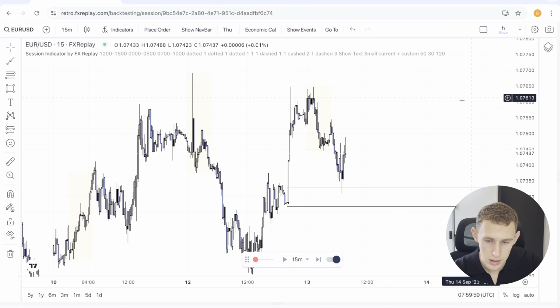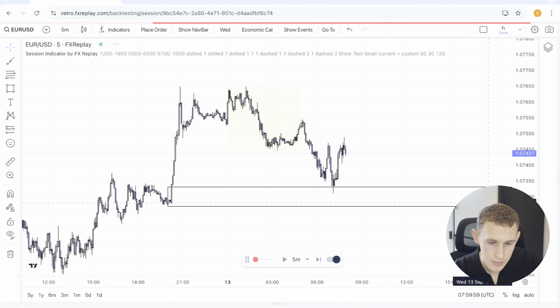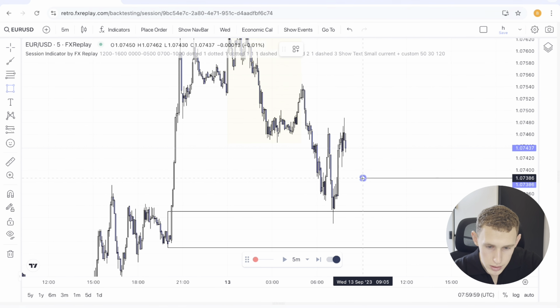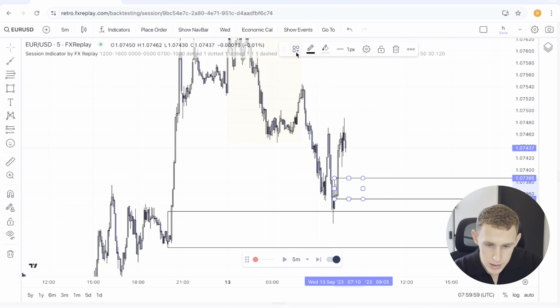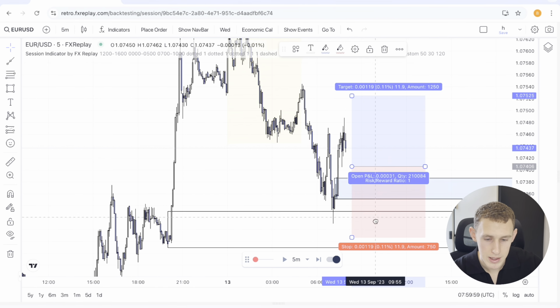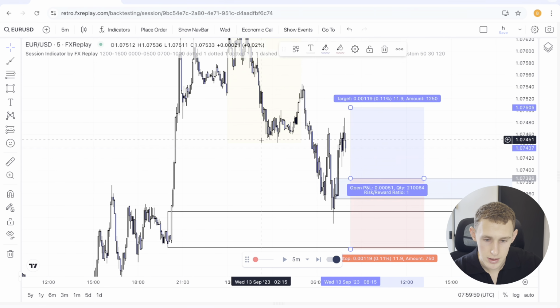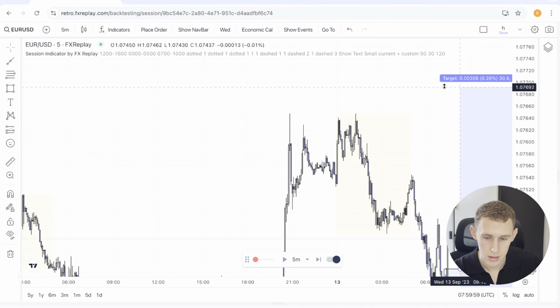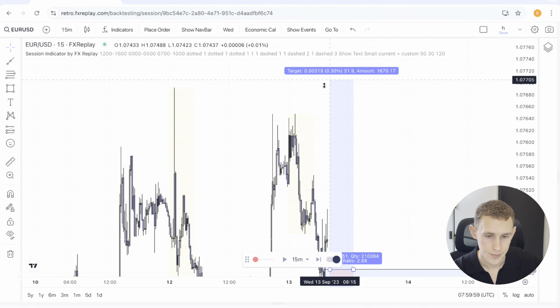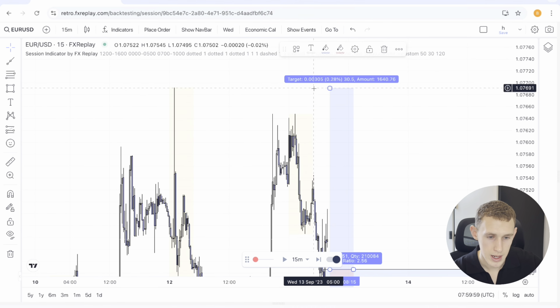We've come up, haven't yet swept that high. M5 flipped back bullish, created an area of demand. So this is slightly lower probability, but I'm going to enter buys here and target that current level we were looking at, this high to the left.